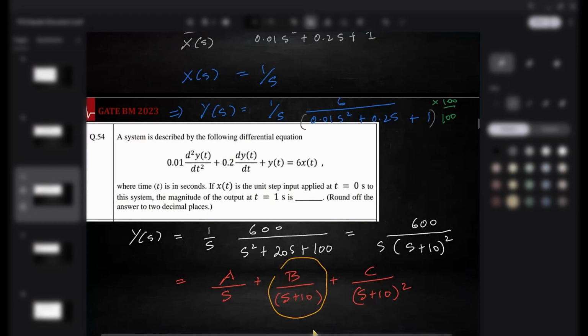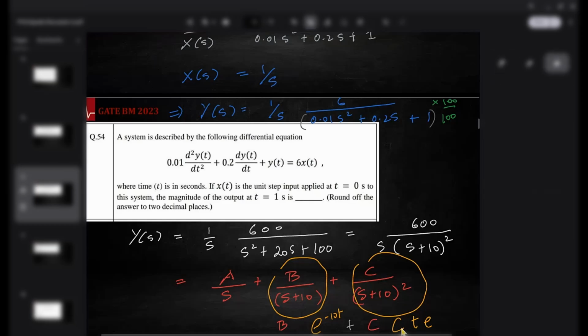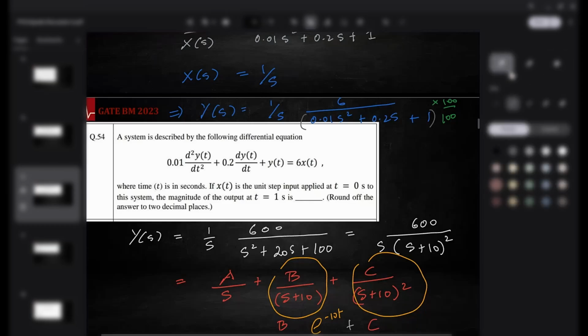This is going to be e power minus 10t. This is going to be t e power minus 10t. I didn't solve for b and c, but it's going to be 1 by (s plus 10) whole square, and I know this is t into e power minus 10t, the formula we did.